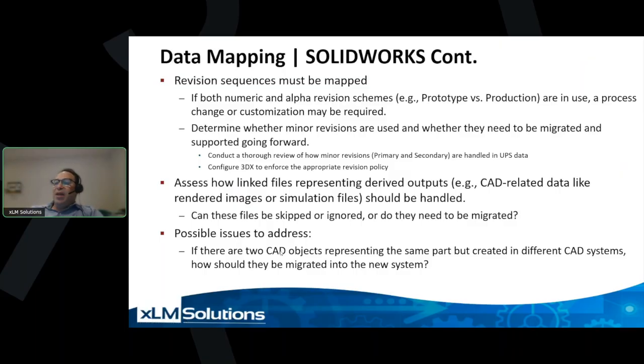Maybe they have a red button, a green button, a blue button, and they're all modeled as separate CAD objects, but they all represent the same button part number at the end of the day. So how are you going to address having multiple CAD that represents one item, or multiple items that are represented by one CAD? Maybe you have a tabulated drawing or something like that.